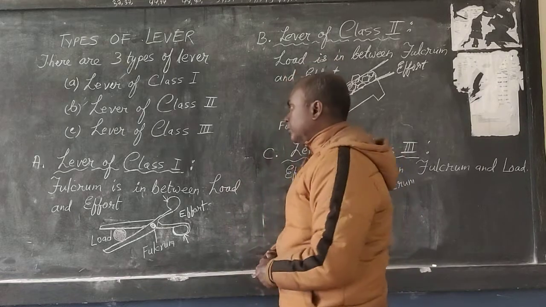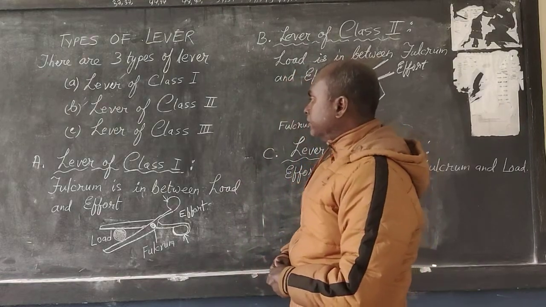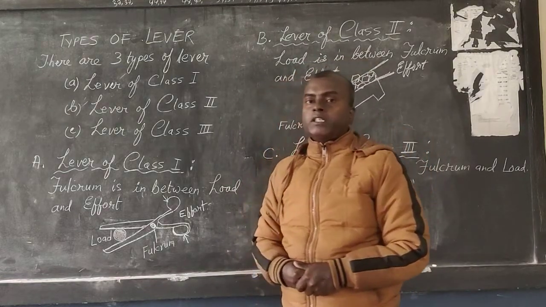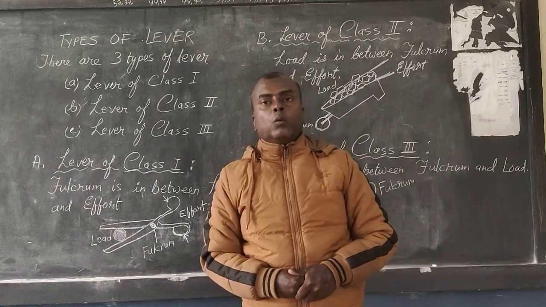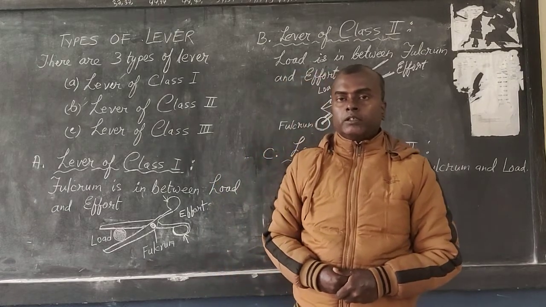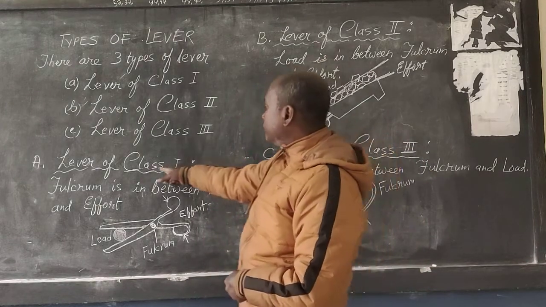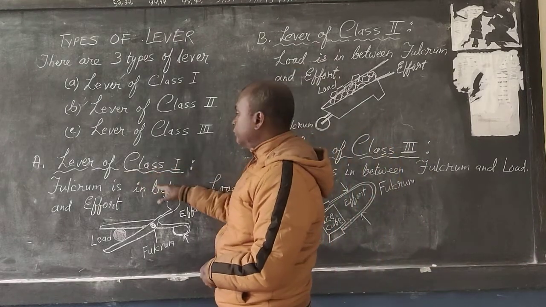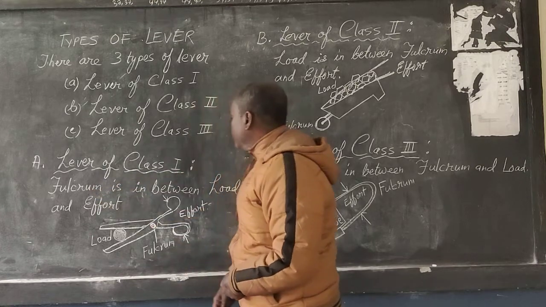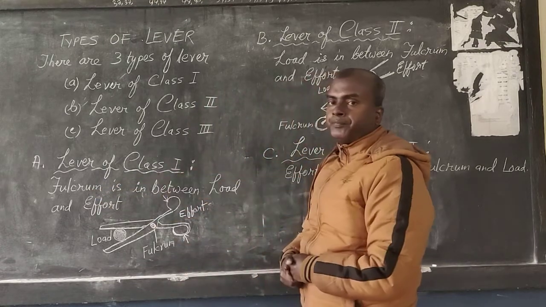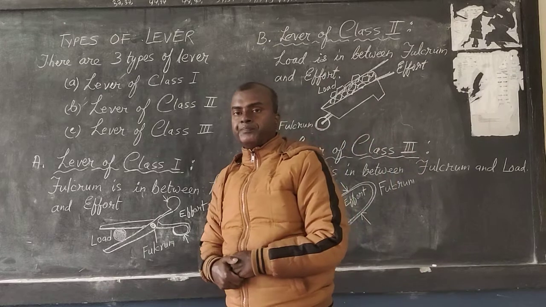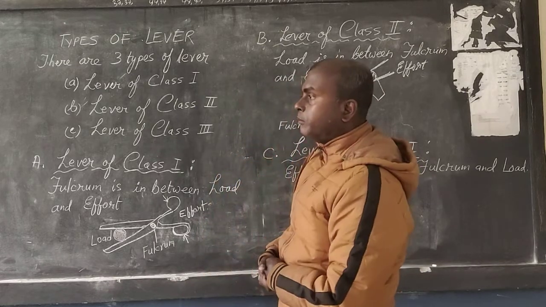Alright. So the position of these three will determine what type of lever a lever is. In the first class lever, or lever of class 1, fulcrum is in between load and effort. Fulcrum should be in the middle. Alright, fulcrum should be in between load and effort.